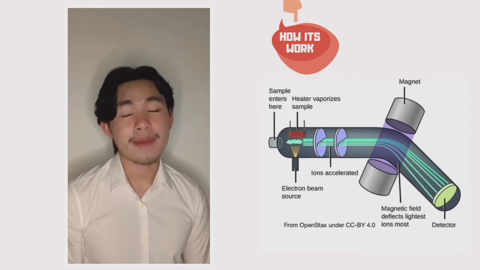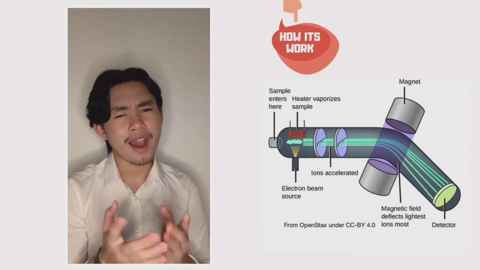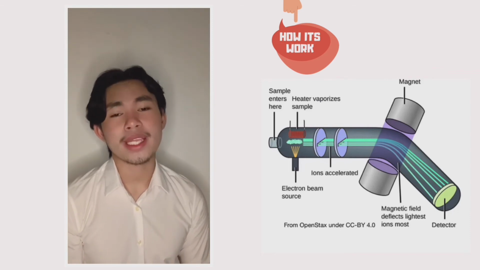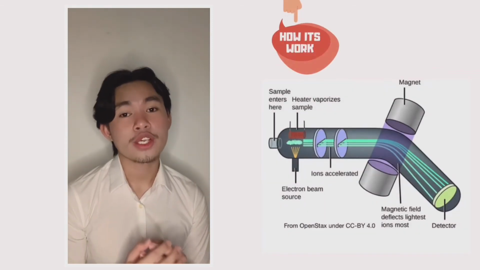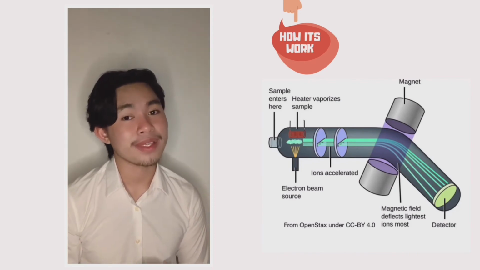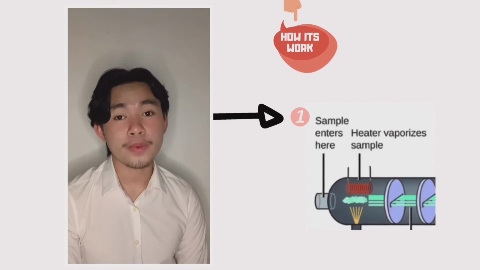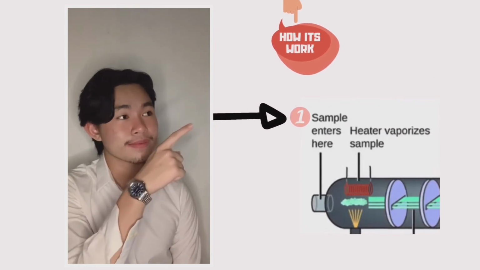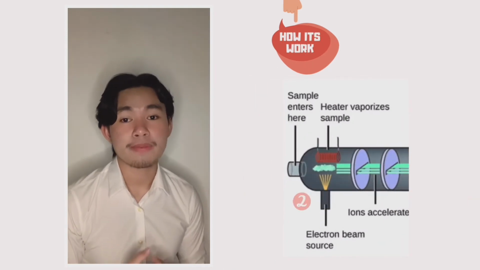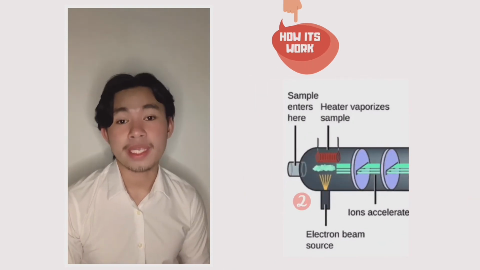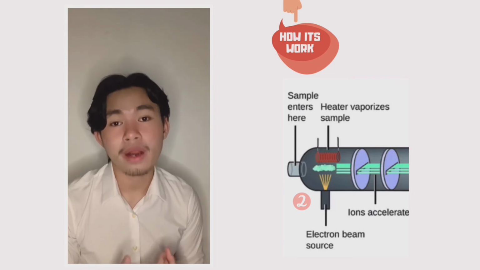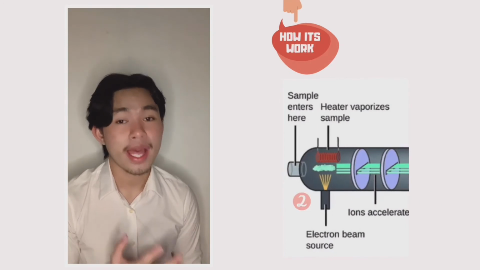So next, I am going to explain how mass spectrometry works and the process included in this device in order for us to identify the various isotopes present in that sample element. So first, we are going to put the sample element here. And this sample element will be heated up, and we will also beam or bombard it with a bunch of electrons in the second phase.